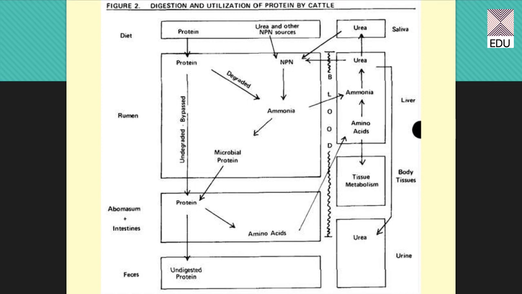Now the amino acids which are formed are taken up into the liver, converted into ammonia, and again converted to urea, and this urea may go back to the saliva, or back to the rumen as we have earlier discussed. The amino acids in the liver may go for metabolism, and the urea formed in the liver may be given out in the urine or it may go back to the saliva and the rumen cycle. So this is the recycling of urea.